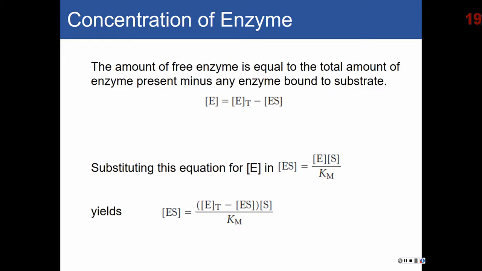So we can plug in this equation for our free enzyme here. And now we have everything in terms of the amount of total enzyme, the amount of enzyme substrate complex, the substrate, and here's Km, which is our rates.